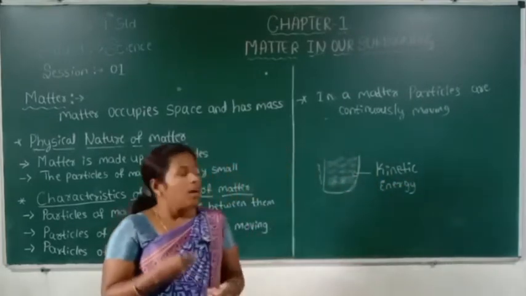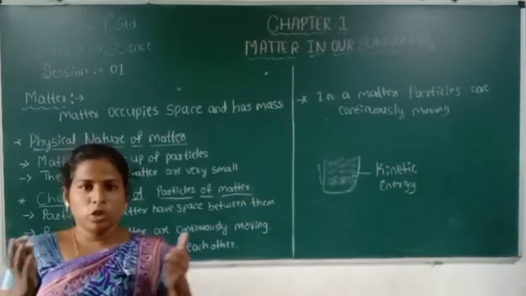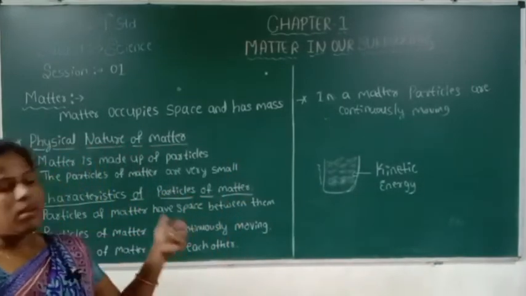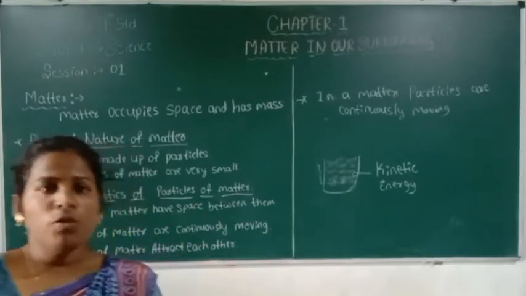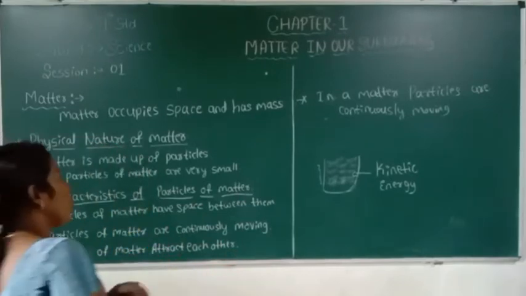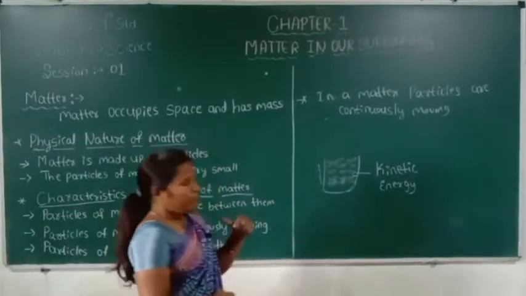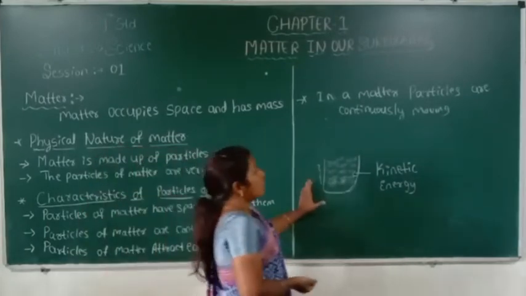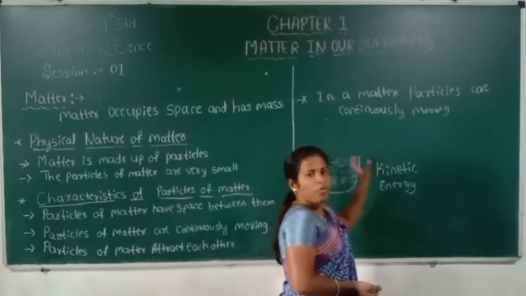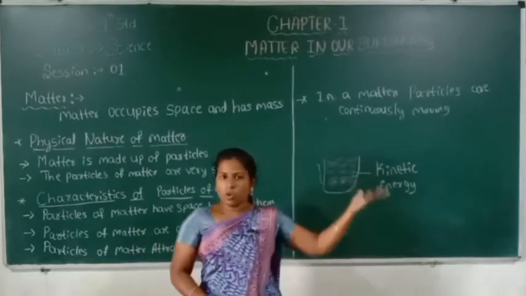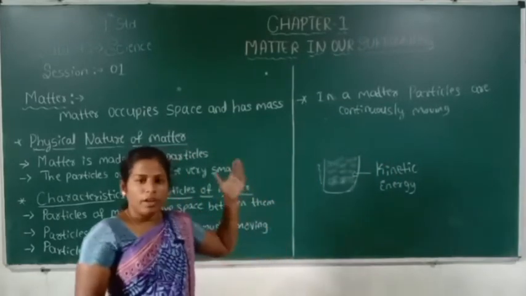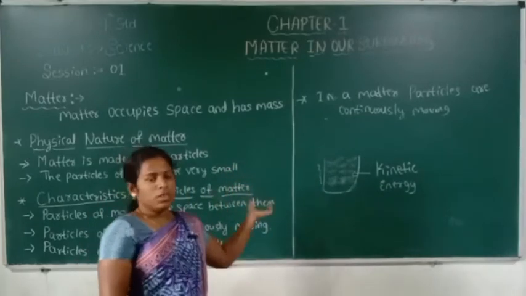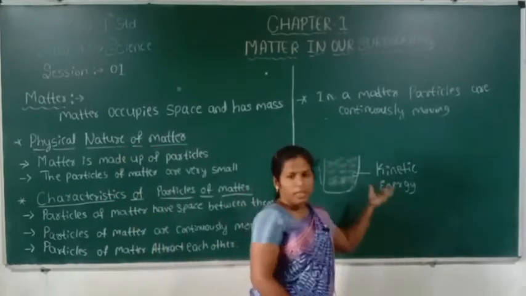As the temperature of the room or the beaker increases, they move faster. This shows that as the temperature increases, the kinetic energy also increases. This changes from one matter to another, so it is not the same for all matter. Everything has a different kinetic energy.